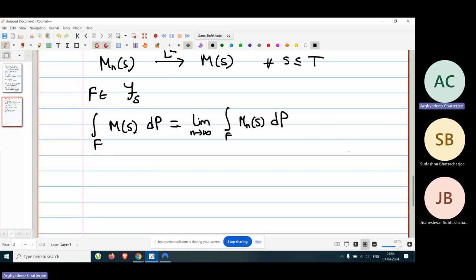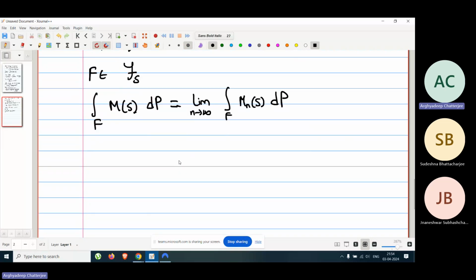Right, this is just L2 convergence, and this equals the limit as n tends to infinity of the integral over f of Mn of t dP. This is the martingale property of Mn.